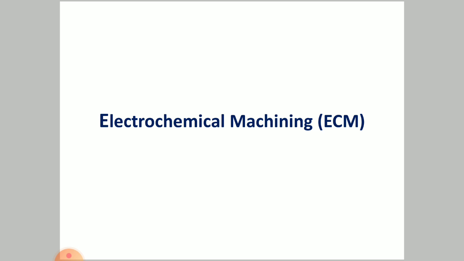Some of them I would like to mention here are the electro discharge machining process and the wire cut electro discharge machining process. In the same series, today we are going to cover the electrochemical machining process, right?